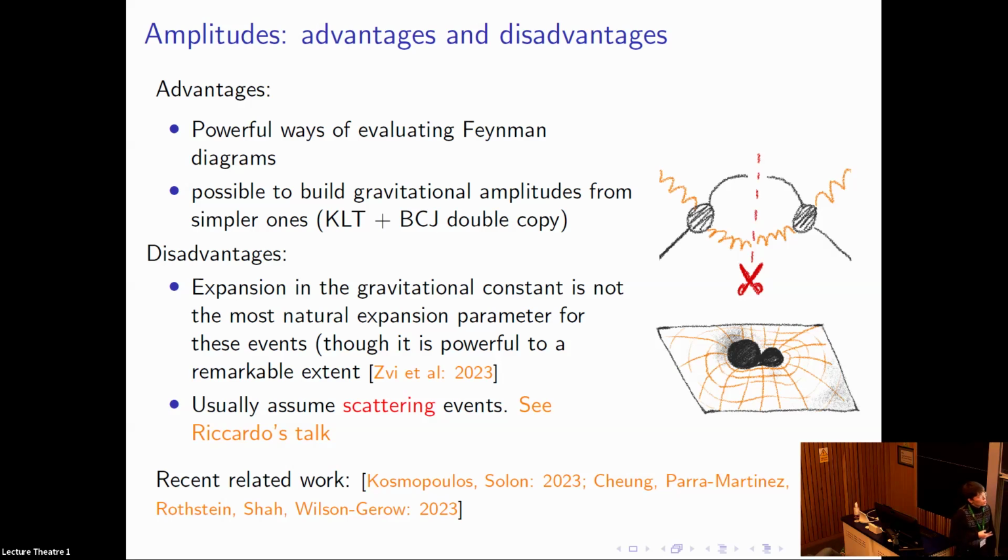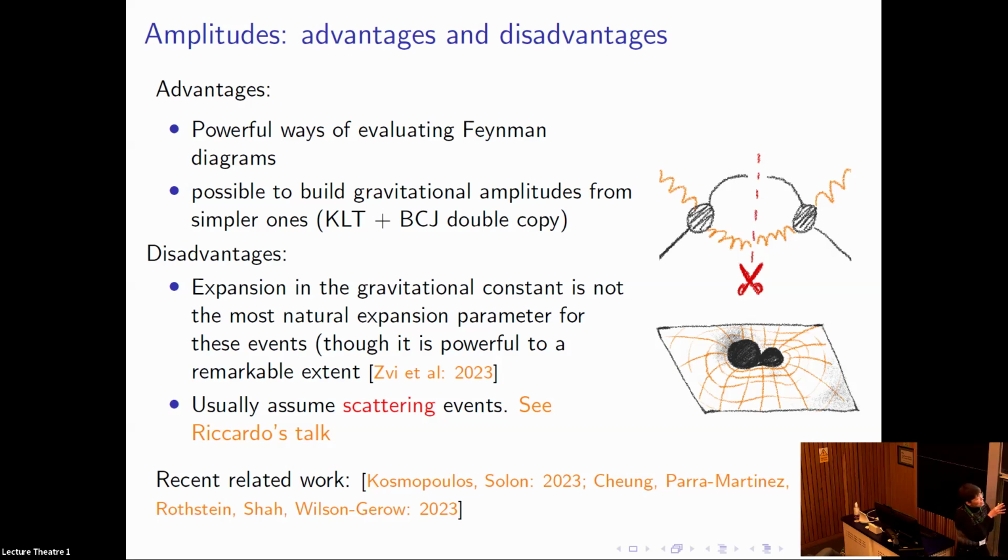And it's also possible to build gravitational amplitudes from simpler ones using double copy, such as BCJ for loops. But some of the disadvantages, in my opinion, are that the expansion in the gravitational constant is not really a natural way to look at geodesic motion, for example, which is nonlinear in the coupling.